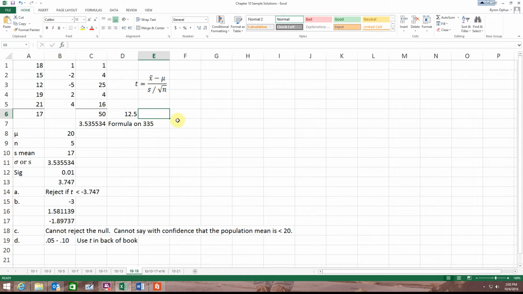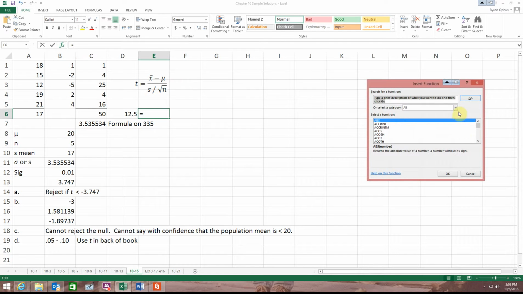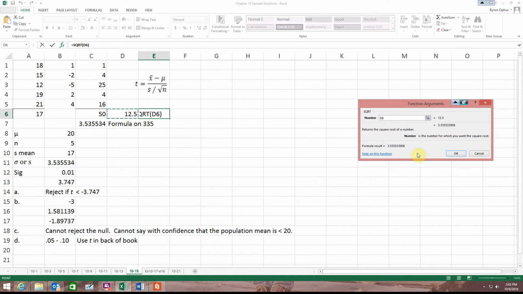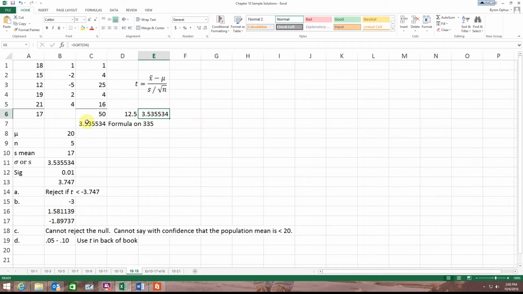Then I'm going to end up getting to this number. I hope that this should be equal to the square root of this one. Square root, okay. And it does. And here I kind of did it longhand. I did C6 divided by B9, which is my n, minus 1, to the 1/2 power.